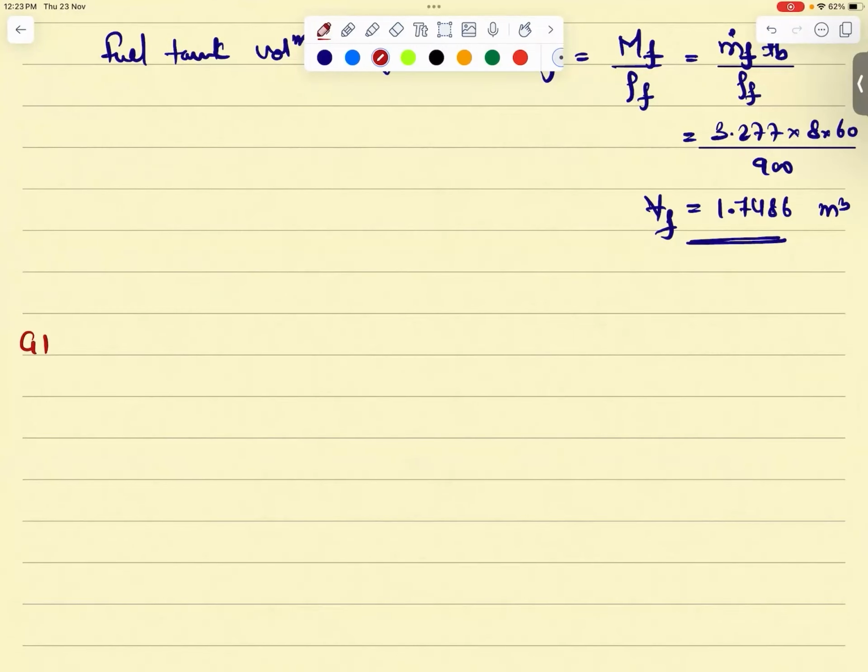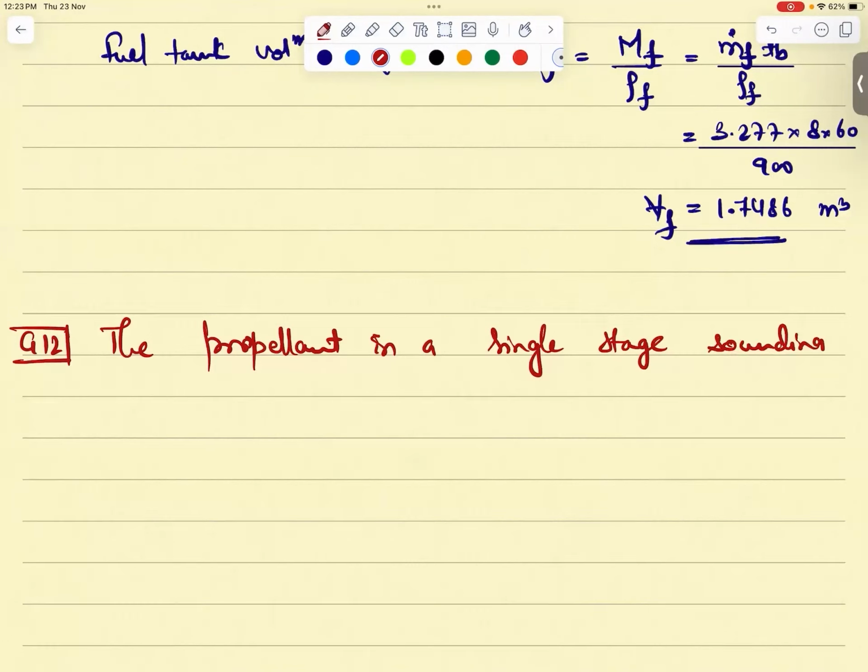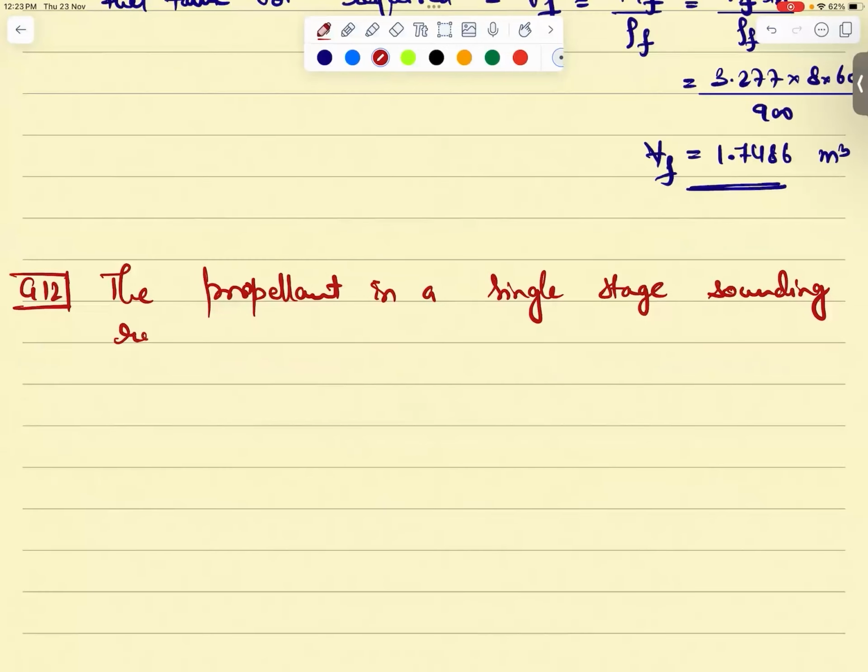Call this as GATE 12 again. देखो कितना पूछा है इसमें. The propellant in a single stage sounding rocket occupies 60% of its initial mass. Full stop.